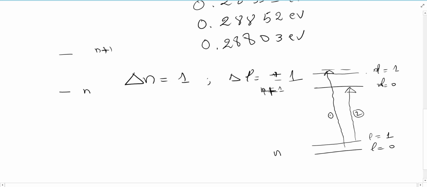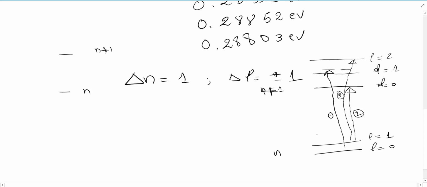The other line from 1 goes to L equals 2. We cannot go to L equals 1 because that results in a delta L equal to 0, and that does not conserve angular momentum. So that is the third transition line.